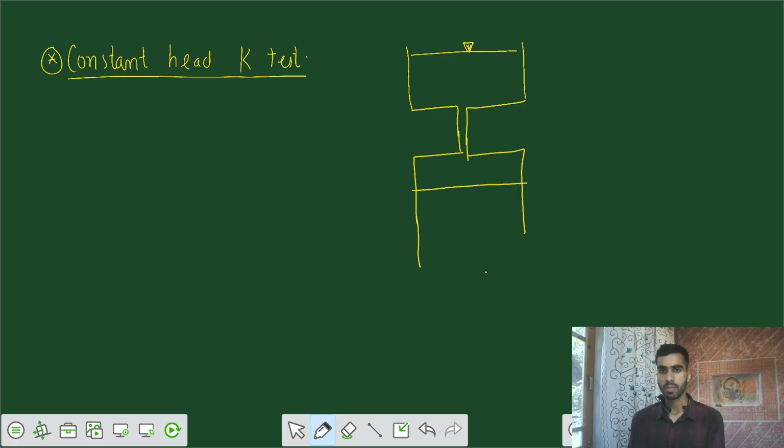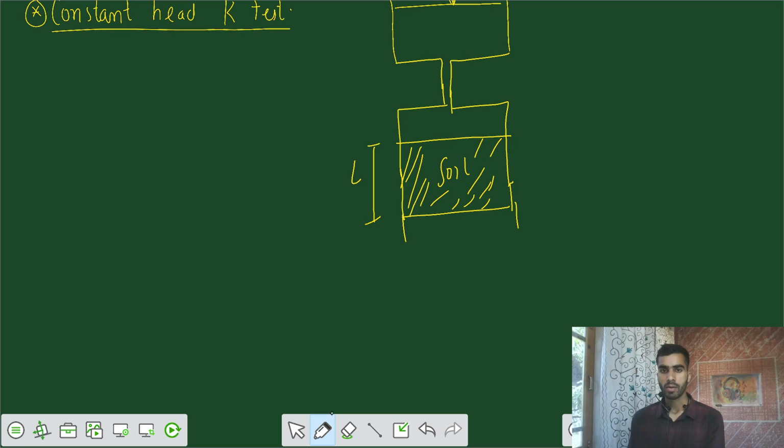This is your soil mass of length L. After that, from the bottom, we have an assembly such that water is going to leave.